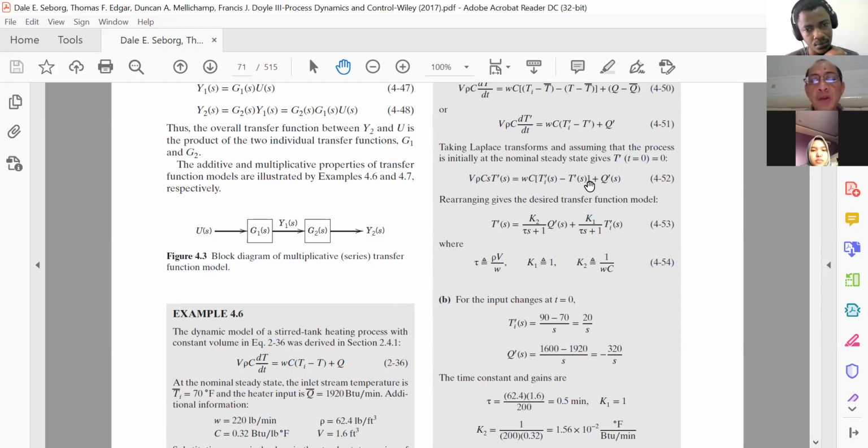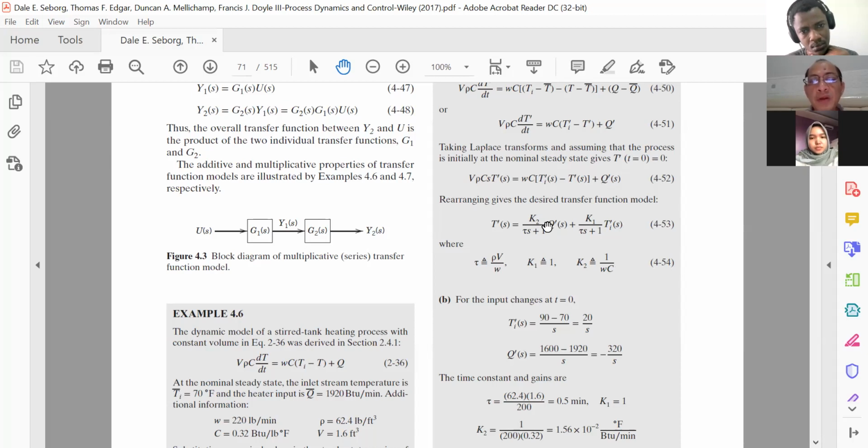Rearranging gives the desired transfer function model, that is T prime equals K2 over (tau s plus 1) times Q prime plus K1 over (tau s plus 1) times Ti prime, where tau is equal to rho V over W, K1 is equal to 1, and K2 is equal to 1 over WC.